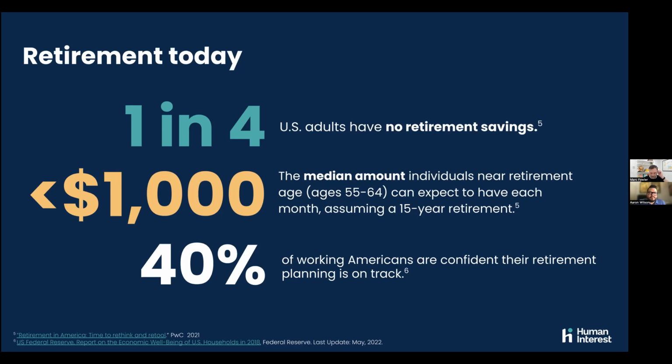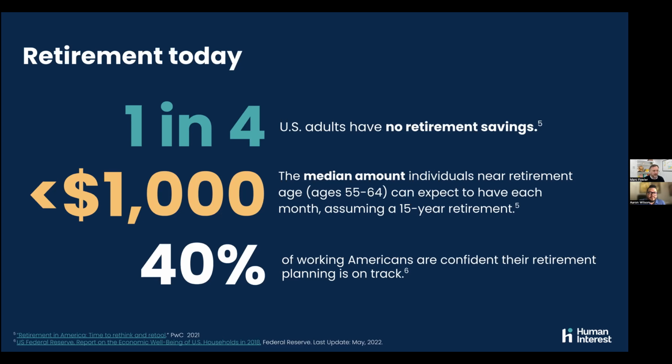And so if you're trying to figure out, well, what is on track, the back of the napkin thing, and don't do this last thing at night because this will keep you awake for the rest of the evening, right, is to take your planned expenses in retirement, and then whatever that number is, for each $1,000 of that per month, you should have around $120,000 in retirement savings.